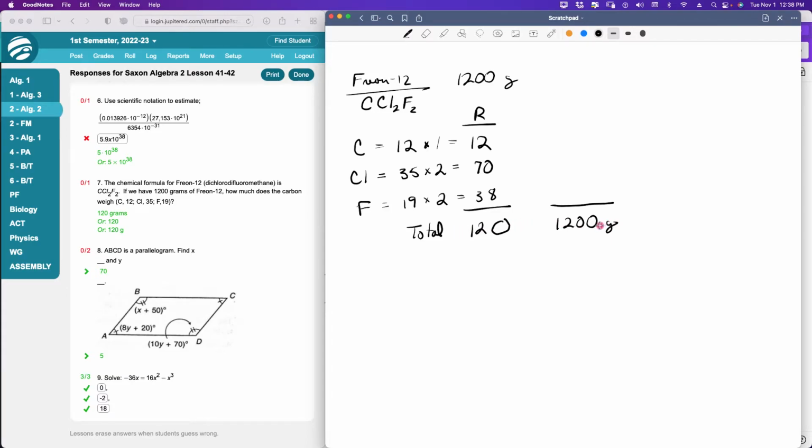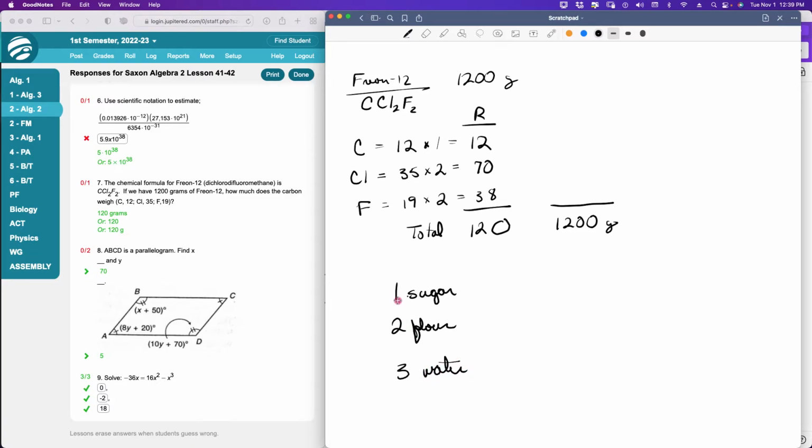So it's kind of like baking when you have a recipe that says I need 1 part sugar, and I need 2 parts flour, and I need 3 parts, let's say, water.